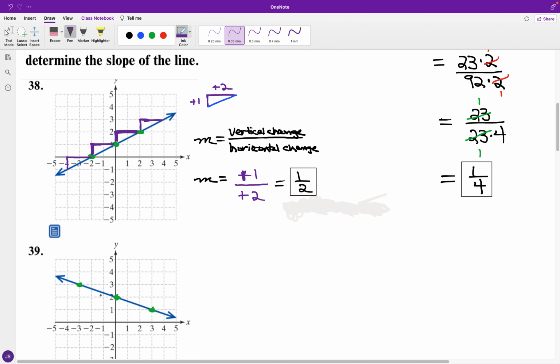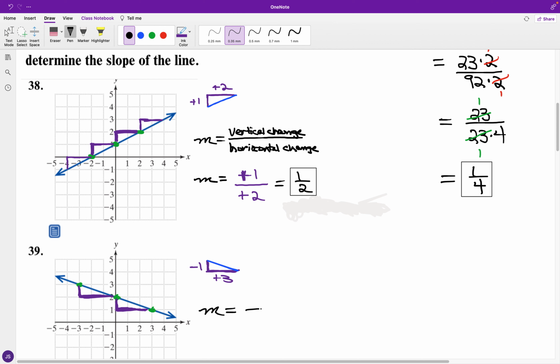So if I go from -3, 3 to a position level with the y-intercept, I'm going to go down 1 unit and shift over to the right 3 units. So for this change, I have going down 1 unit and shifting over to the right 3 units.